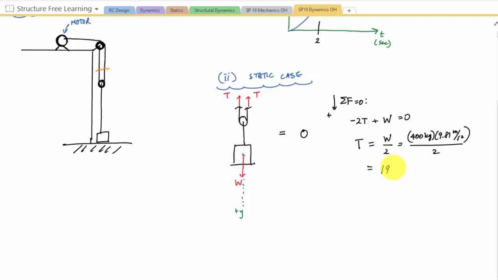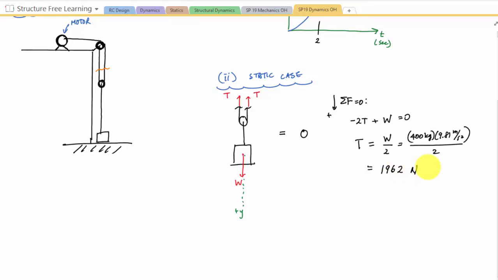Is it 196.2? Are you sure? 400 divided by 2 times 9.81. I got 1,962 newtons. Oh, I put 40, not 400.